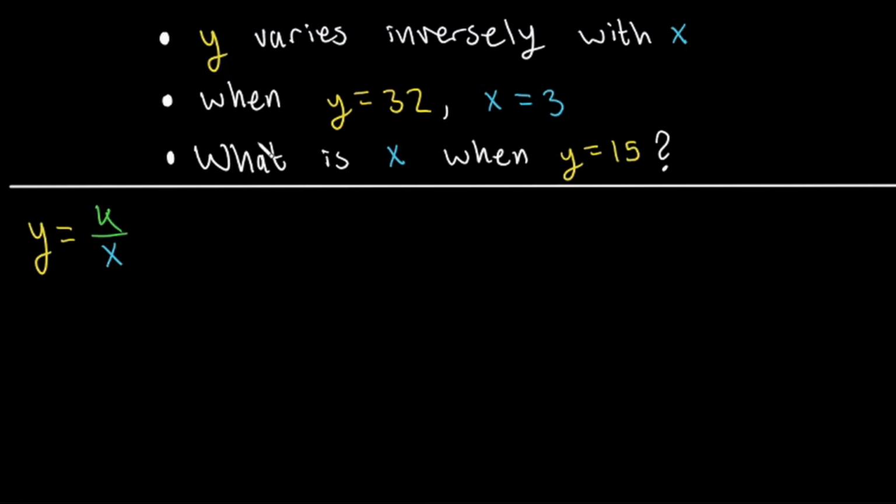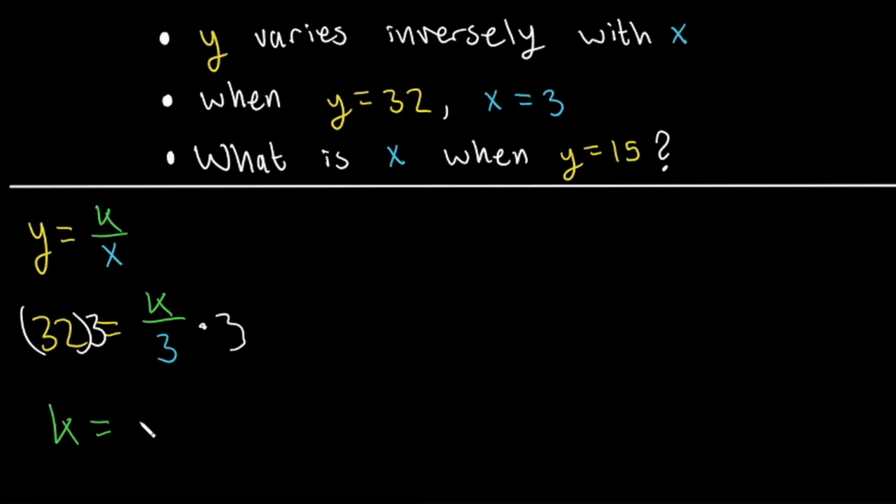Next, we can substitute y and x to solve for k. So 32 is going to be equal to k divided by 3. So now we can multiply both sides by 3, and we will end up with k is equal to 32 times 3.